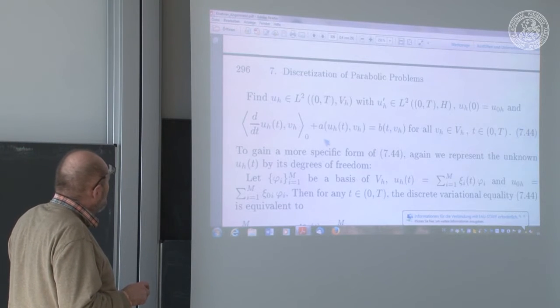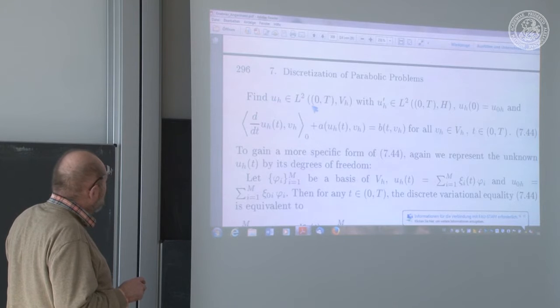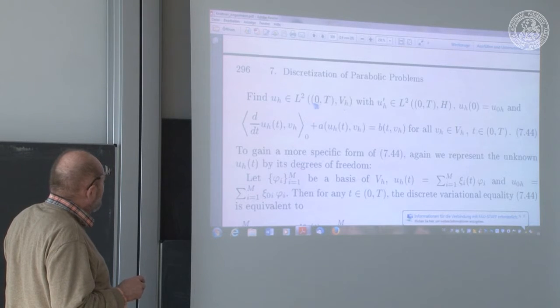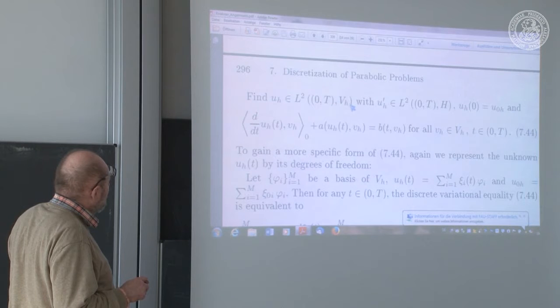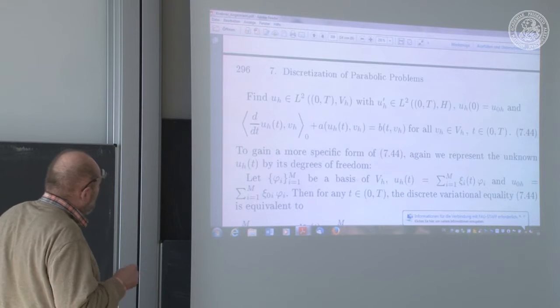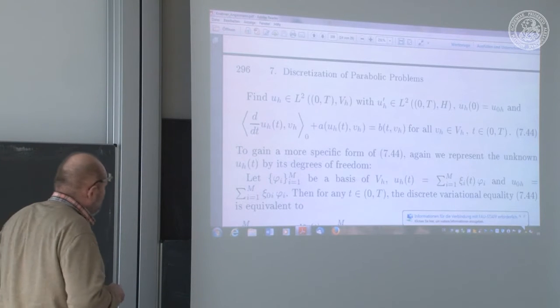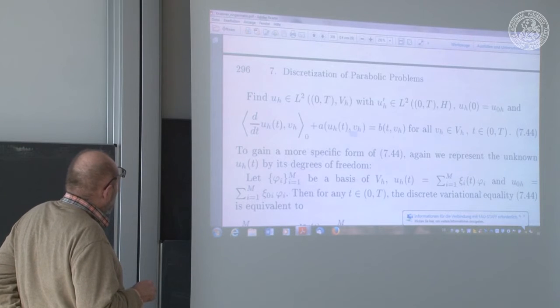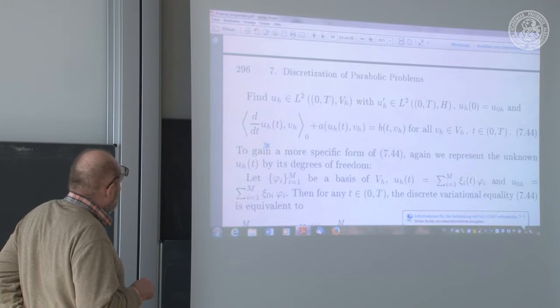So now if we work out what this means exactly in the same way as we did before, what can we do? First of all, what we mentioned last time, these requirements mean that our function is a continuous function with values in H. That also means that the initial requirement makes sense, so we also have to specify an approximation for the initial data, because now the solution is continuous in time, at least for values in H. And so we can fix an instance of t and do exactly what we did before.